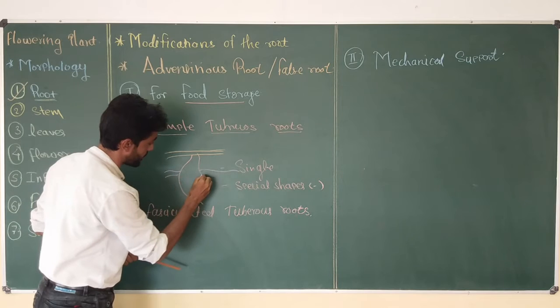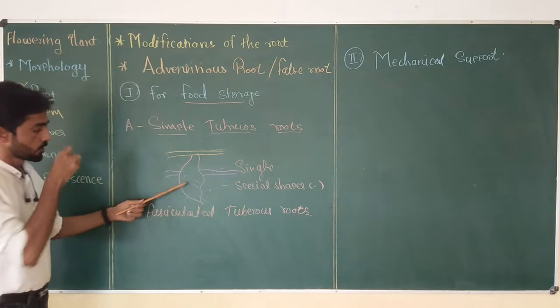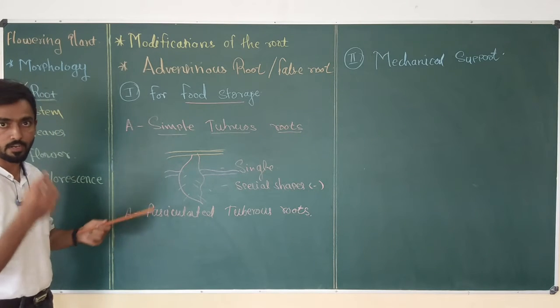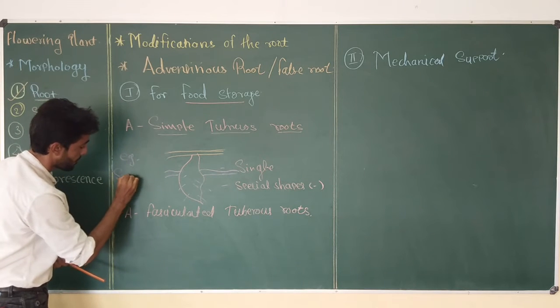So this is the soil surface, and then the root grows inside the soil. The example of simple tuberous root of adventitious plant is sweet potato.